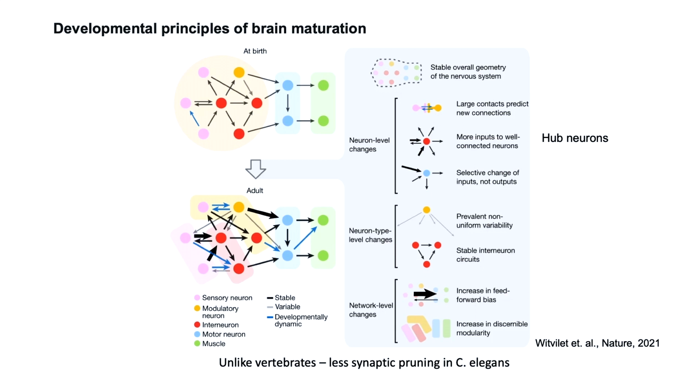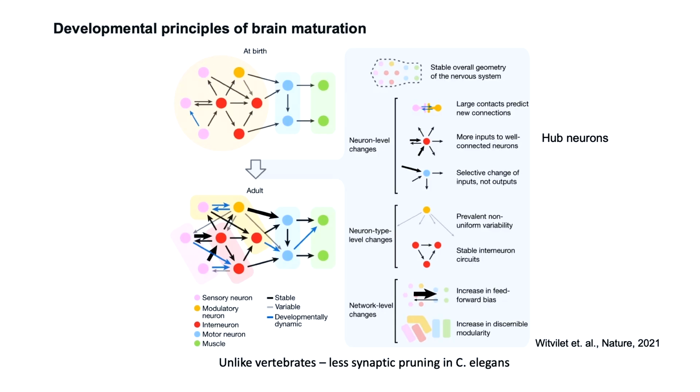Okay. So, yeah. That hub neuron is getting stronger, and, as I mentioned, that selective input gets changed, but not the output. But also you have the similar sort of prevalent uniform variability.